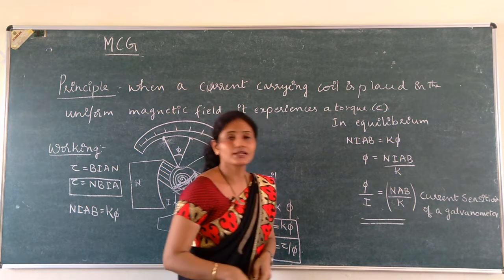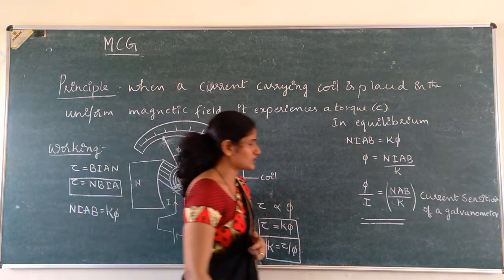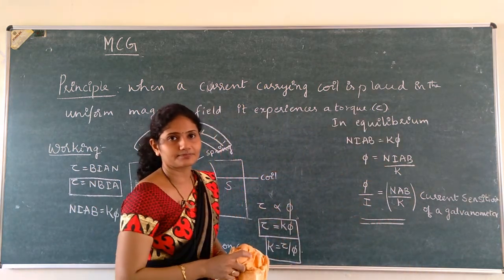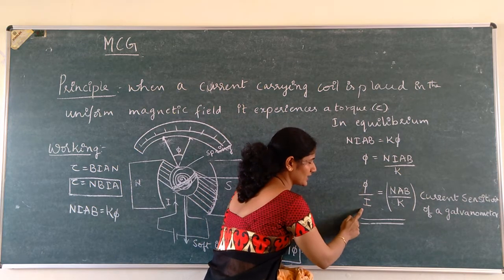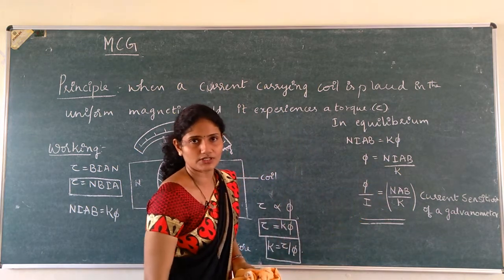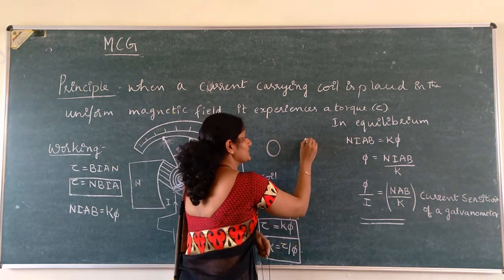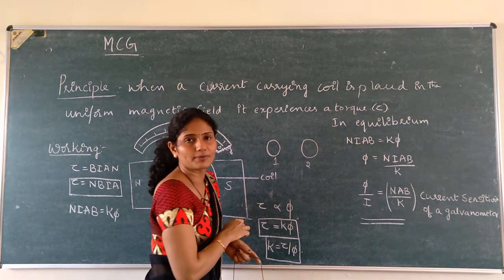Now, let us see what we mean by current sensitivity. Current sensitivity is nothing but deflection per unit current. Angular deflection per unit current is called current sensitivity. That is, if you have two galvanometers, so this is a galvanometer and this is another galvanometer.